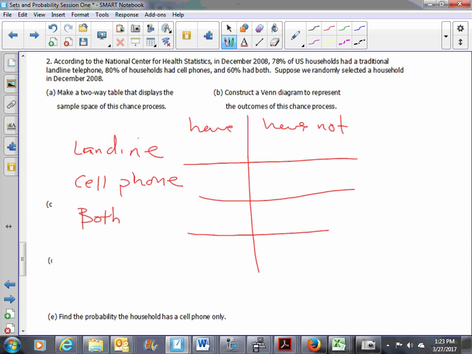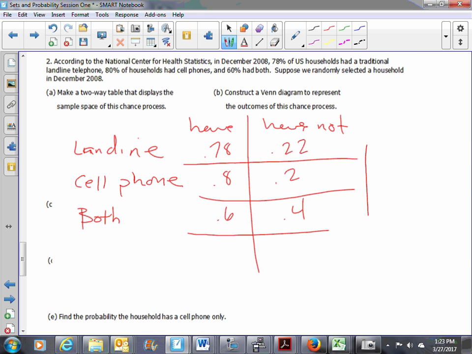So landline, 0.78, 0.22. Cell phone, 0.8, 0.2. Both, 0.6, 0.4.